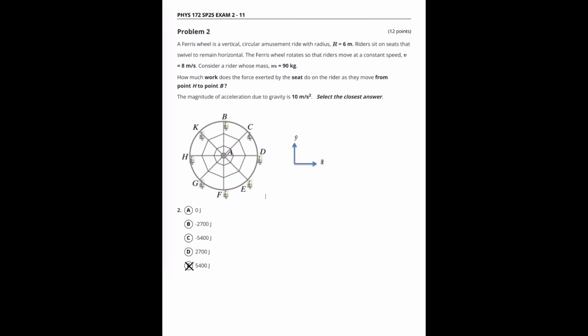Select the closest answer. So first thing I'm going to do is identify our system and surroundings. Our system is our rider plus the earth. Our surroundings is the seat. And from that, we can say that from the energy principle, the change of energy of the system is equal to the work done by the surroundings.